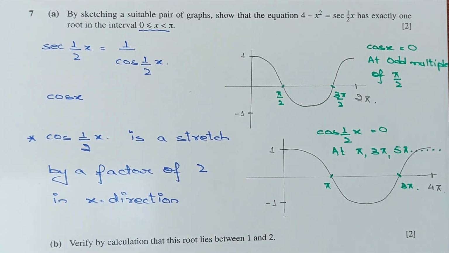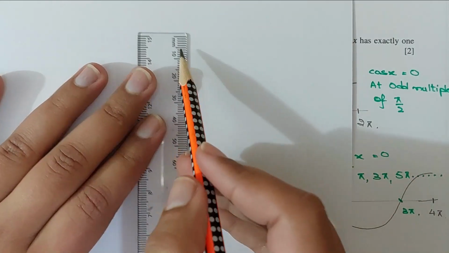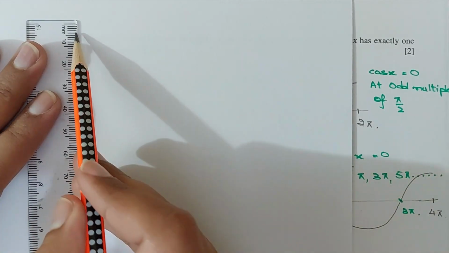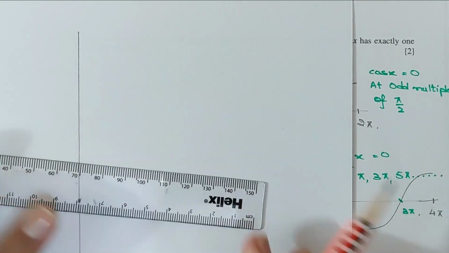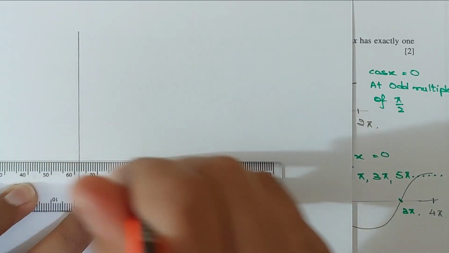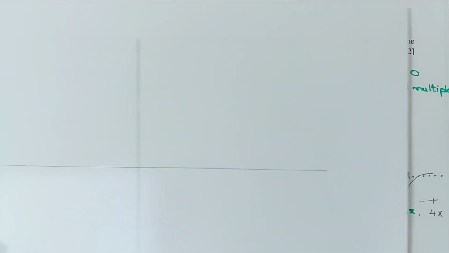Now let me sketch the graph of cos half x first. Let me draw the sketch on a separate sheet of paper. If I can do it from the middle, this would be better. So first I would like to label everything, the x's and the y's.